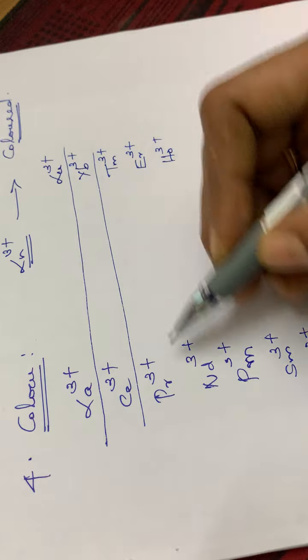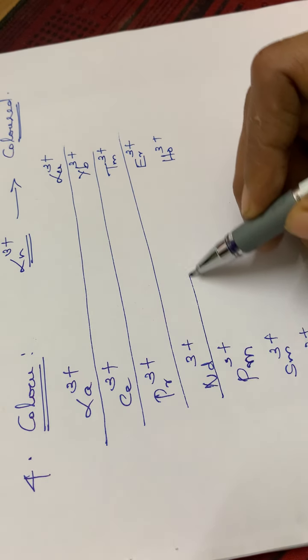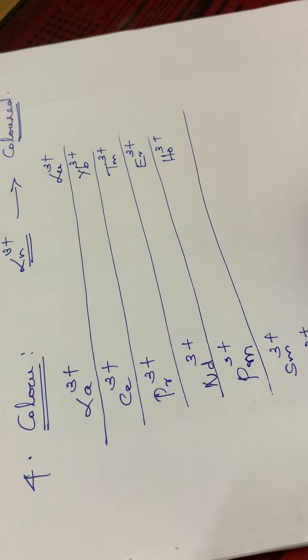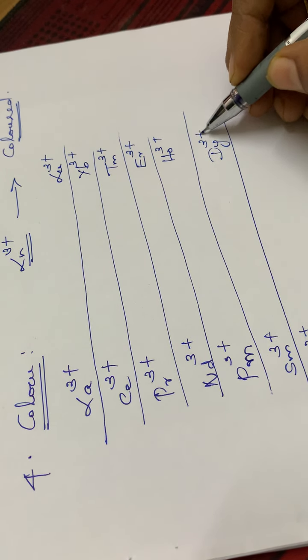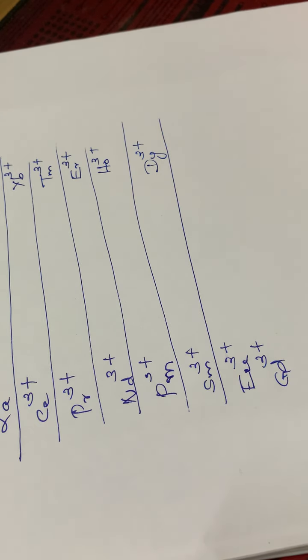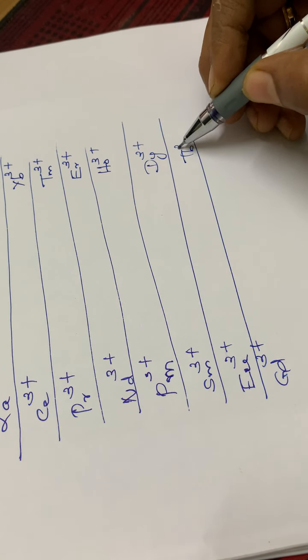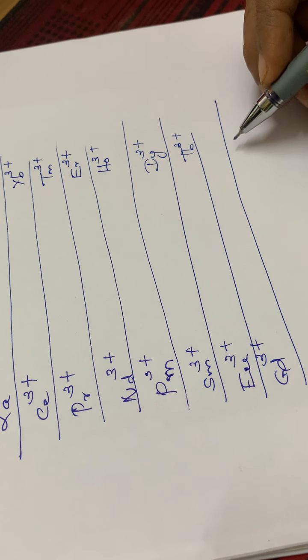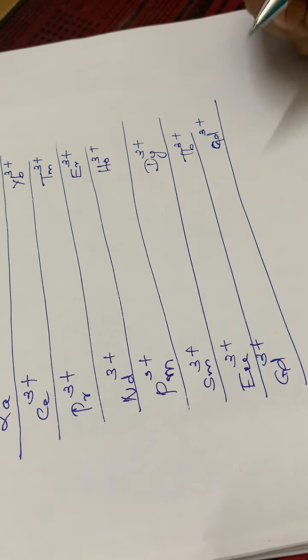Okay, cerium, ytterbium, thulium, then neodymium, erbium, holmium, then samarium, dysprosium, then europium, terbium, Tb3+, then gadolinium, and here also we can write it as gadolinium, both of them. Okay, gadolinium 3+.